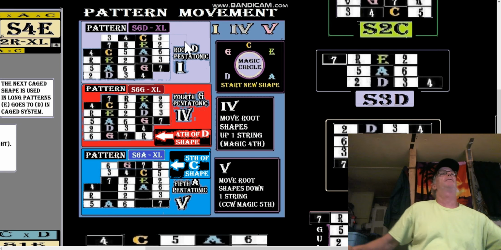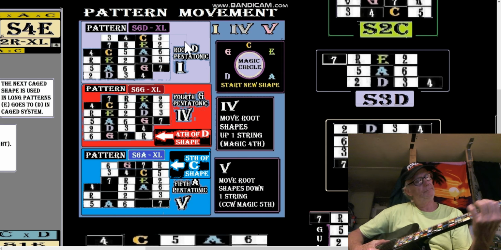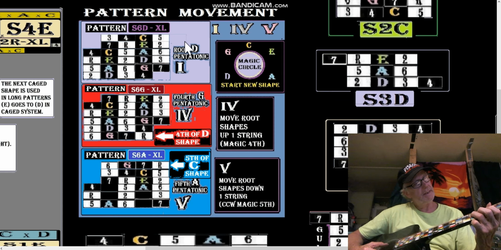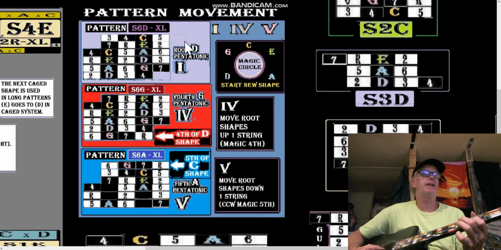So you're playing a D shape. Go. Can't get that 3, so I've got to start a long pattern there. Okay, now that puts me into the next cage.